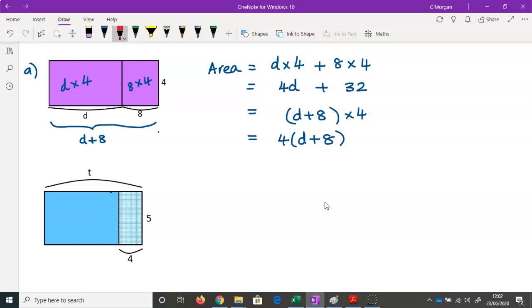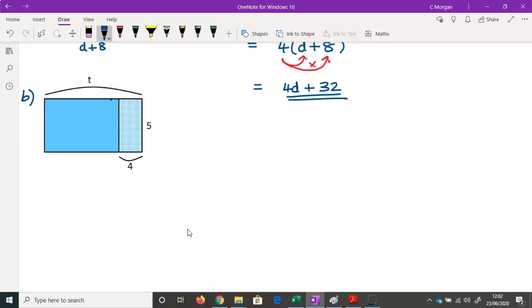When I have an expression with brackets in algebra, I can multiply each of the values inside the bracket by the term outside the bracket, which means that you get the same area. If I multiply 4 by D, I get 4D's. And if I multiply 4 by positive 8, I get positive 32. And as we've seen before, that's exactly what the area of this rectangle was.